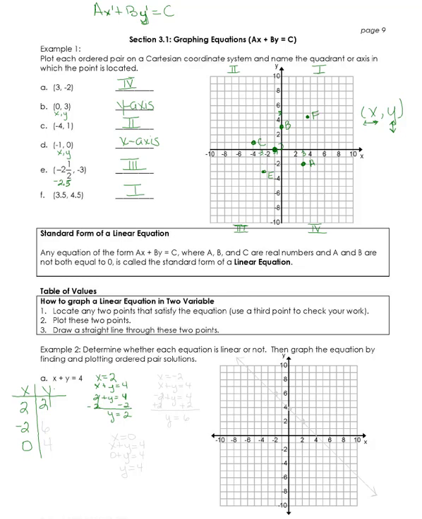When x is -2, taking the same equation, we plug in -2 for x. -2 plus y is equal to 4. This time we're going to add 2 to both sides. We have y is equal to 6. The point that we're going to plot is -2, 6.